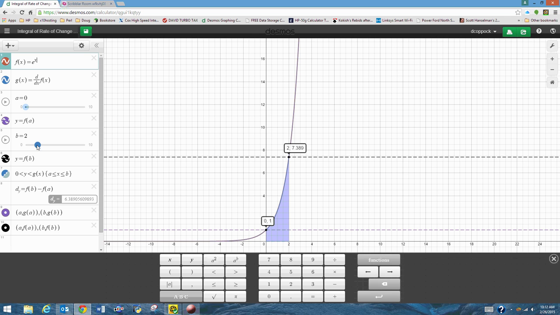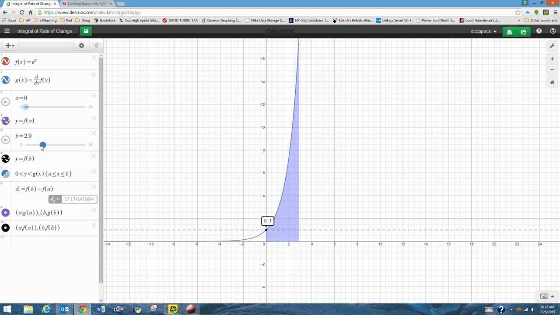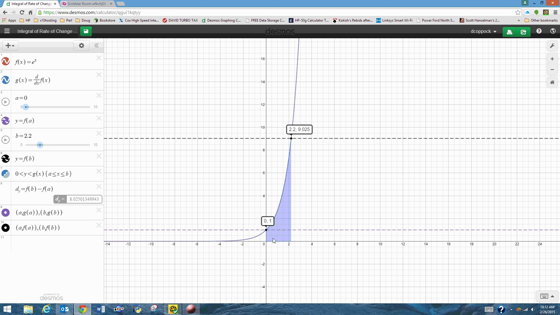So as we increase this, the area under the curve again equals the change in y, but the point I wanted to make is that the red and the blue graphs overlap each other because the original function is e to the x, the rate of change function is e to the x.